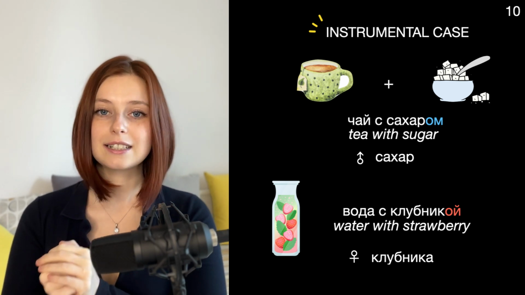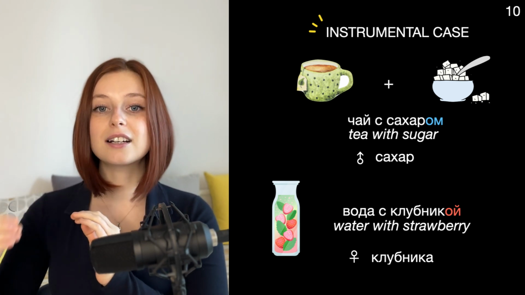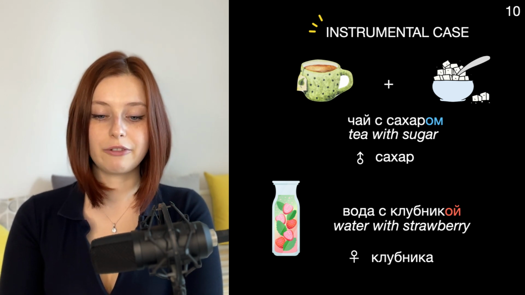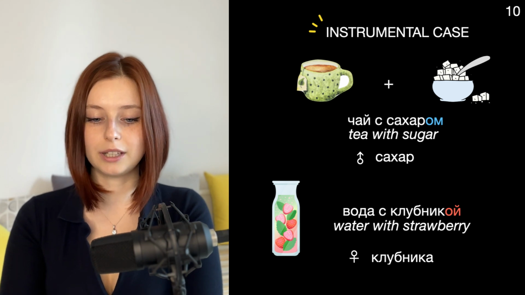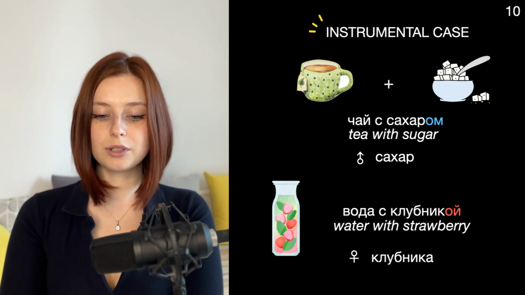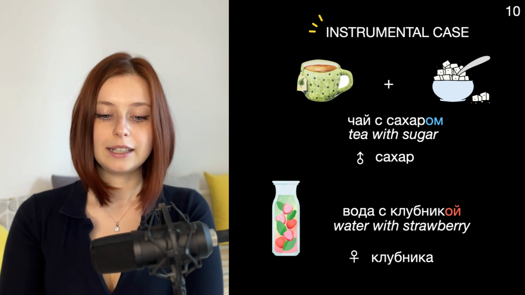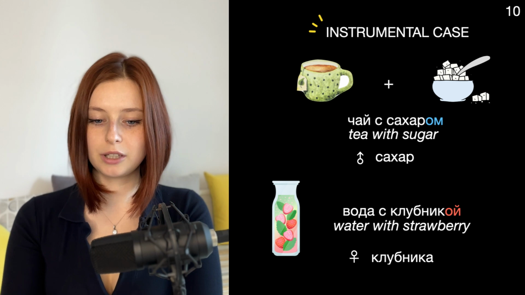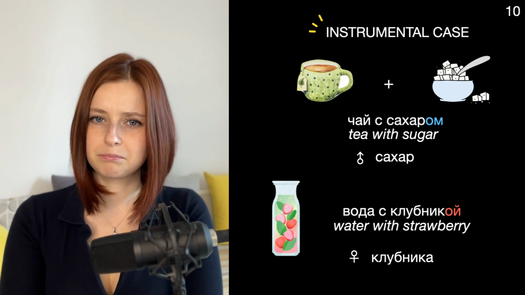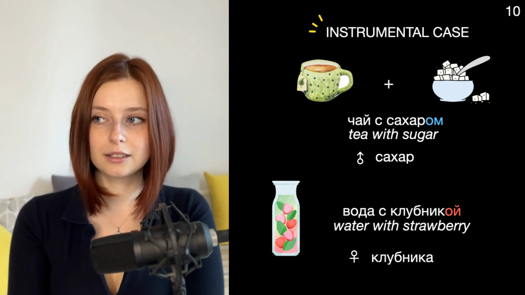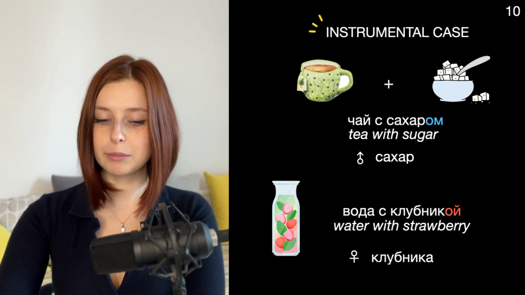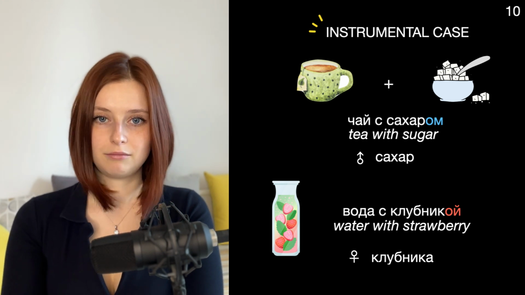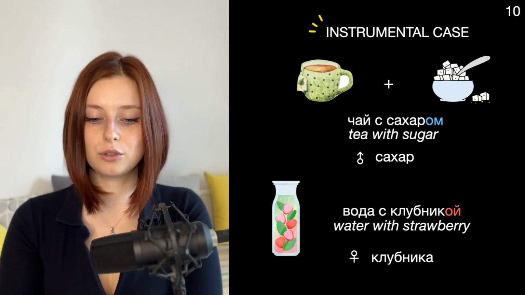Сахар becomes сахаром. That's how the preposition affected the word сахар, instrumental case. If it was feminine, я пью воду, first of all, accusative, feminine, with strawberry, с клубникой. Normally, клубника becomes клубникой. That's what the preposition с is doing to nouns.